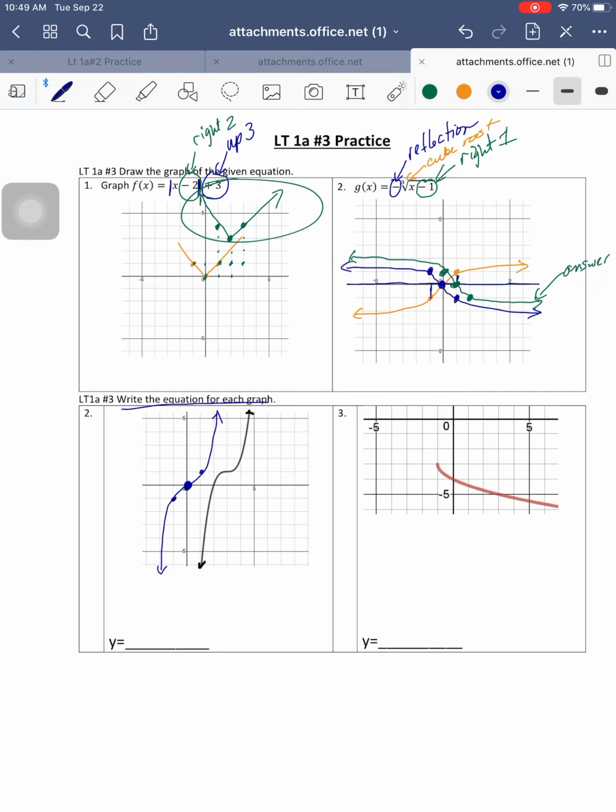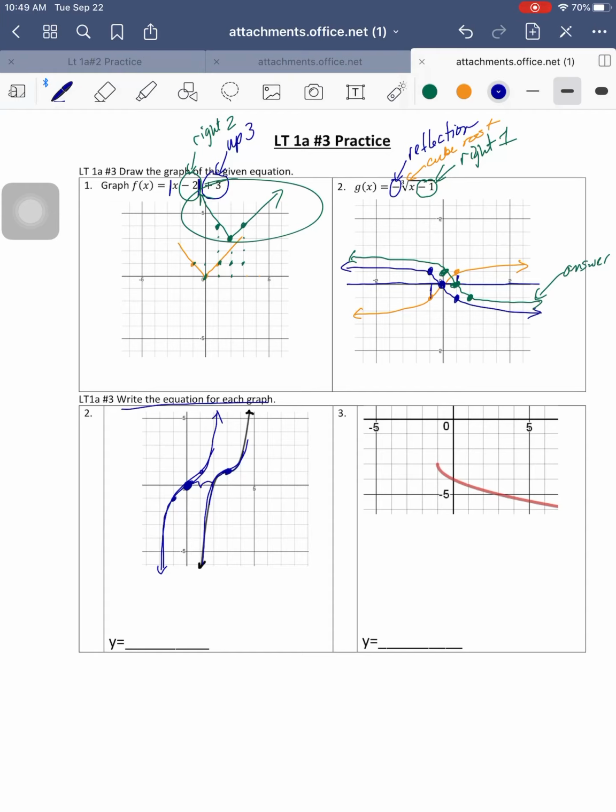The middle point is right where the slope almost goes straight, like horizontal. Where the graph changes slope is where that middle point is, 0, 0. So that's the point that I'm going to follow. You see the orientation from left to right is the same, so it does not get reflected.